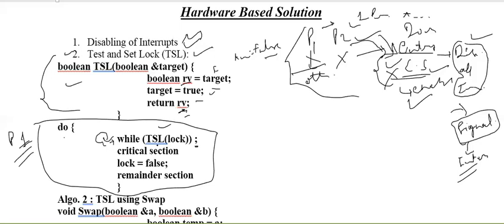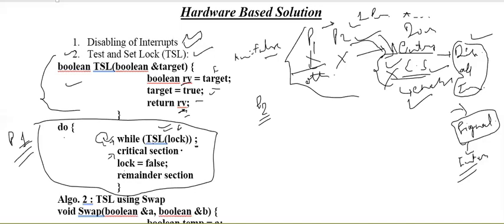Because this loop condition becomes false, I move into the critical section, and after completion of the critical section I make lock equal to false. Whenever any other process P2 arrives, it will run the same thing and move into TSL(lock).